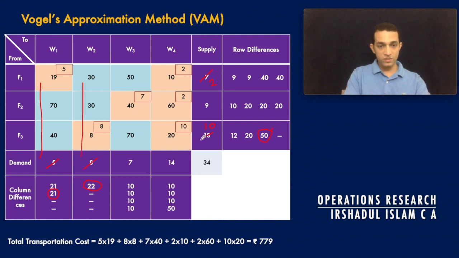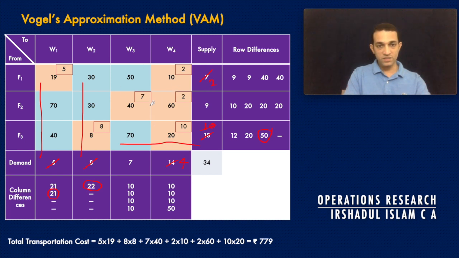So we'll look into this row and allocate into the least cost cell. We can allocate this 10 here, and of the remaining 14 there will be a shortage of 4 units that we will put here, and this row has been removed.